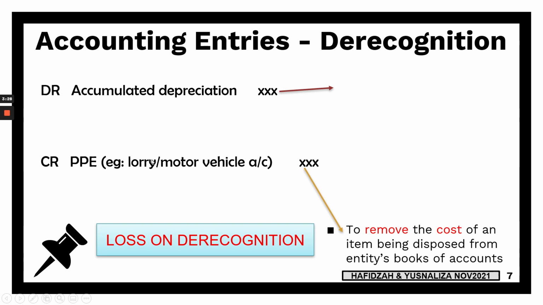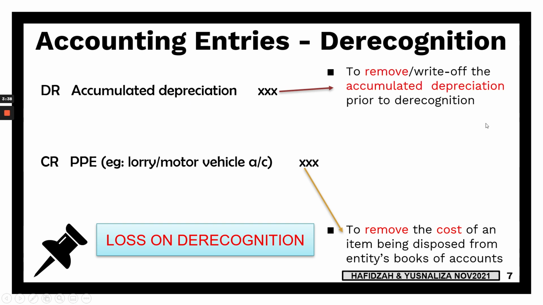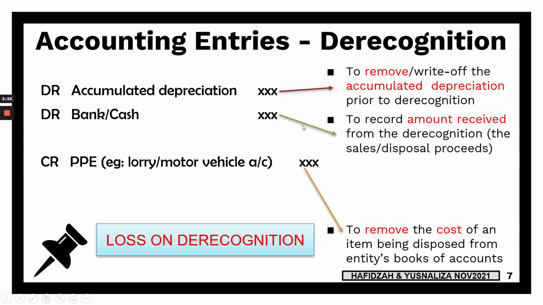Remember, for items which are depreciable, depreciation has been charged to the item. Therefore, the accumulated depreciation accumulated previously must be removed or written off prior to the derecognition date. Next is to record the proceeds. Whenever you sell the asset to another entity, payment will be received, so the bank account will be debited to record the amount received from the sale of the PPE.